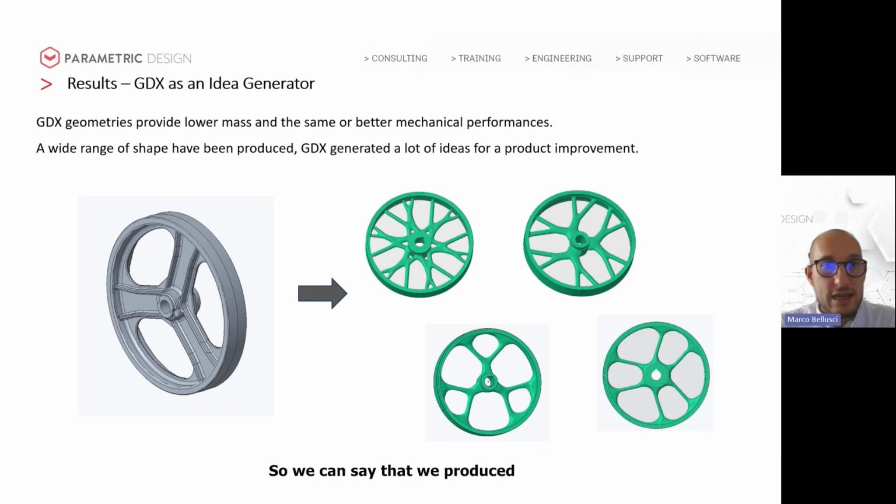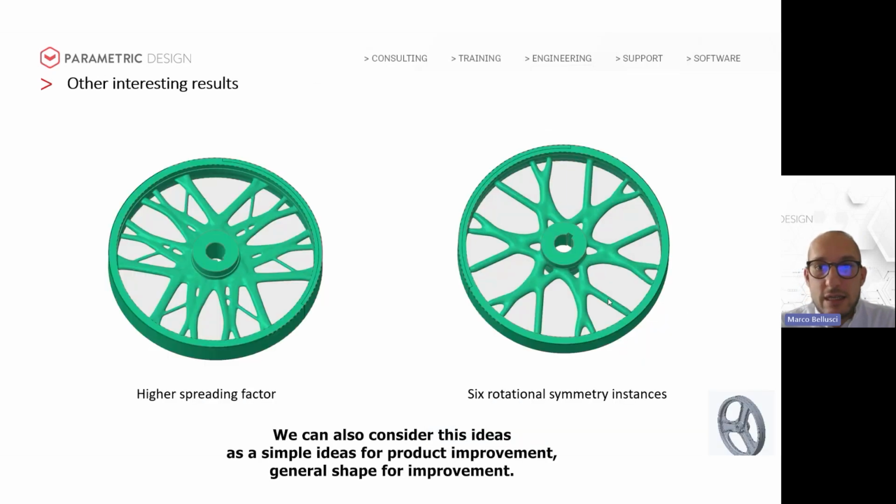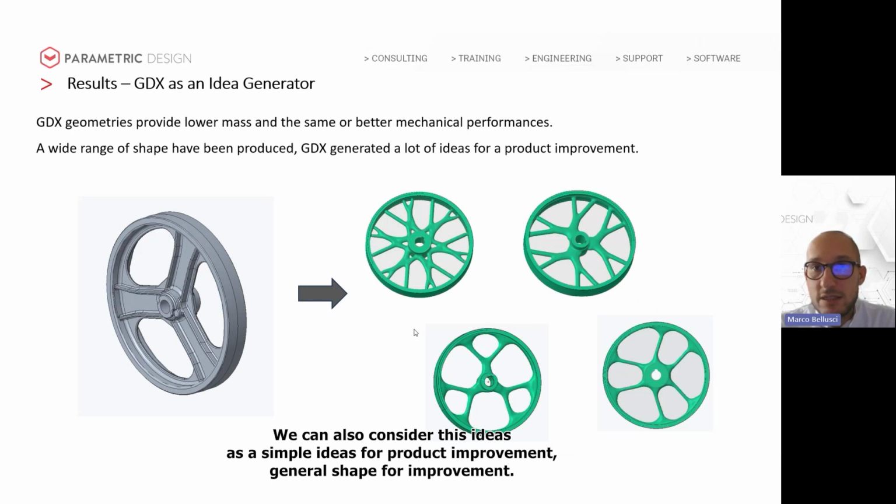So we can say that we produced a lot of ideas for product improvement and innovation. I'm talking about ideas because we are not forced to take exactly this design and go directly to production. We can also consider these as simple ideas for product improvement, general shapes for improvement.